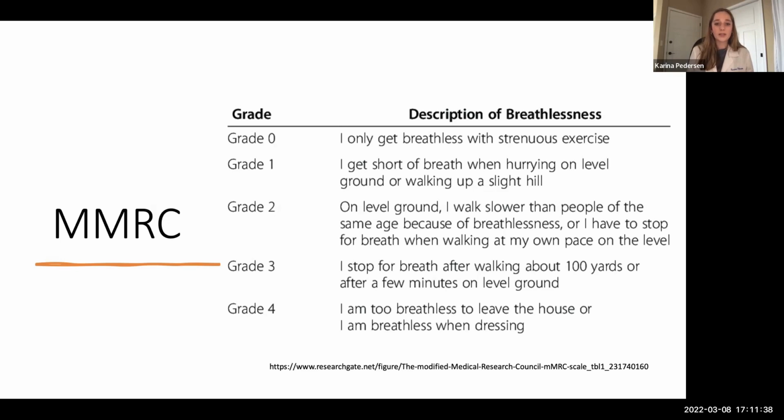A grade 2 means that on level ground, you're walking slower than people of the same age because you're getting breathless, or you have to stop for breath when walking at your own pace. A grade 3 is that you have to stop for breath after walking about 100 yards, or after a few minutes on level ground. And grade 4 is that you're too breathless to leave the house or when you're dressing. So grade 4 is really taxing on your everyday life and really makes it difficult to conduct everyday activities without help.